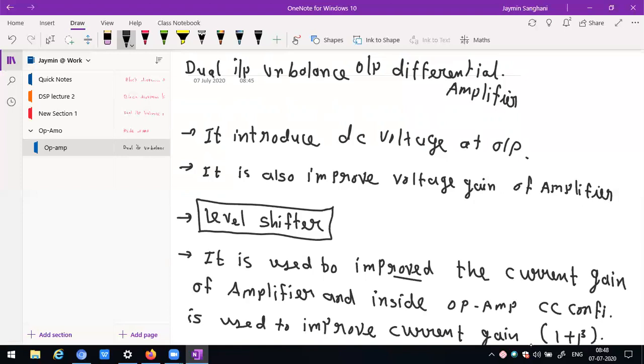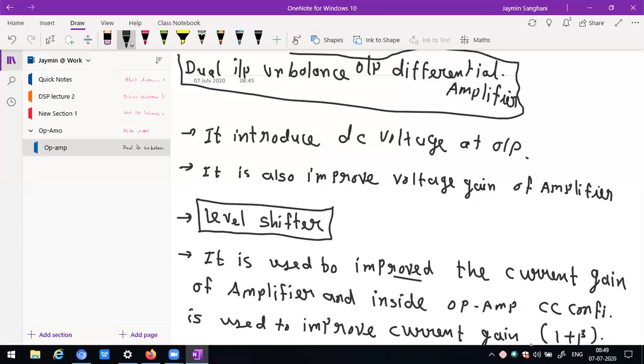If a question is asked like that, explain the block diagram of operational amplifier. The first block is the dual input balanced output differential amplifier.